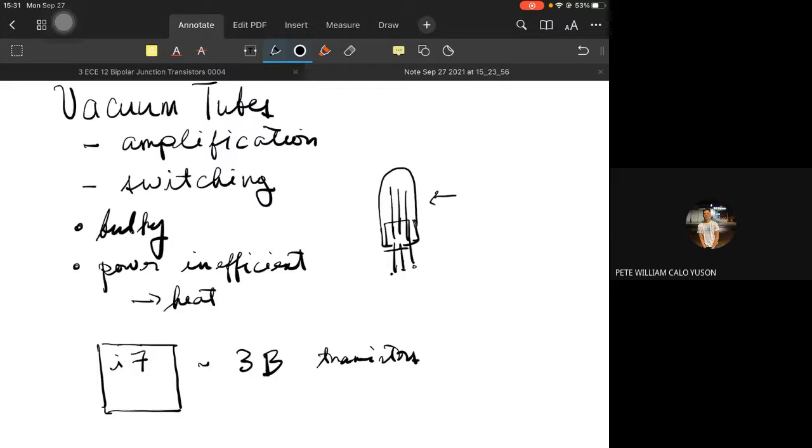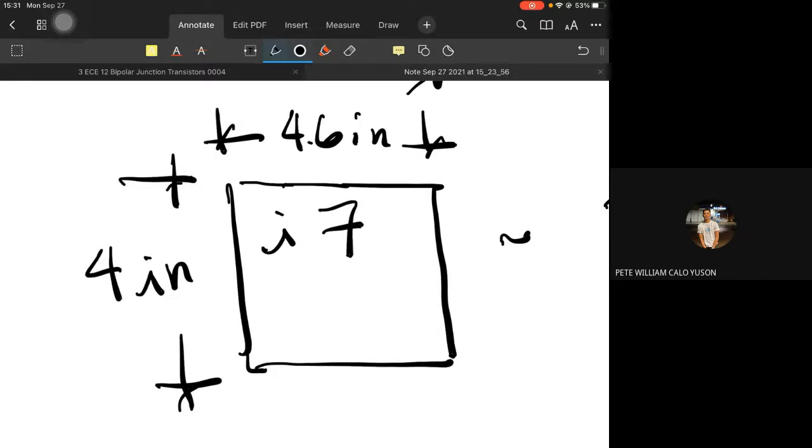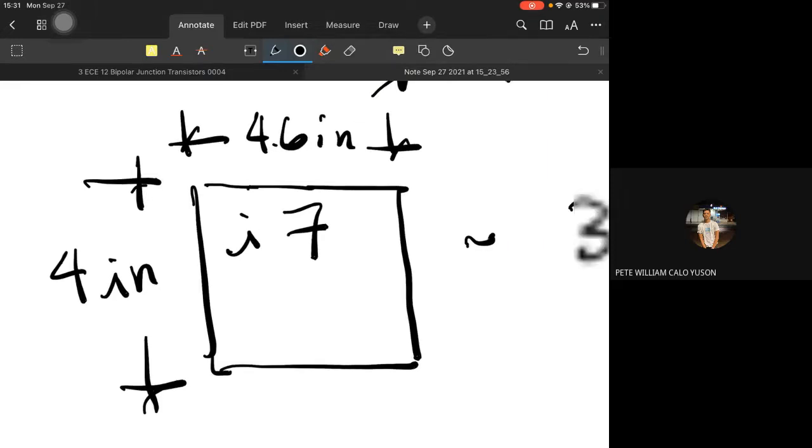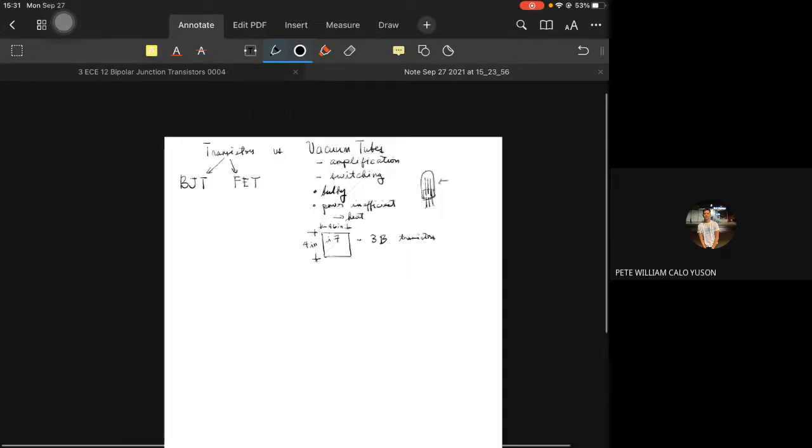About 4 inches by 4 inches? Roughly, that is how big the i7 processor is. And it contains 3 billion transistors.